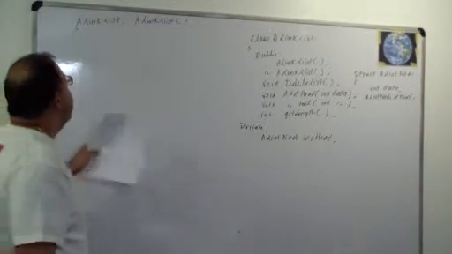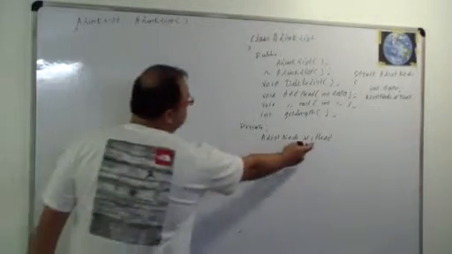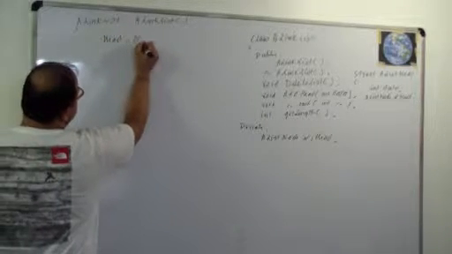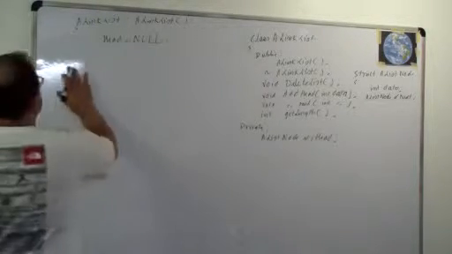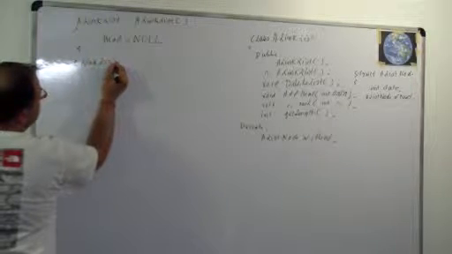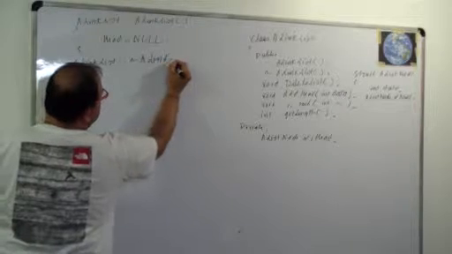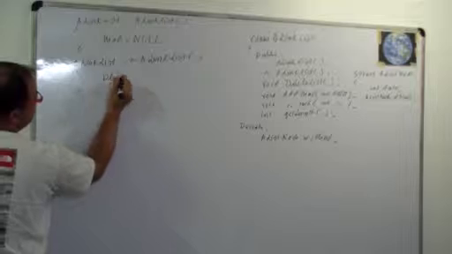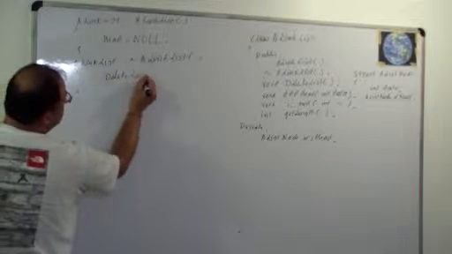No problem. Okay. So in the linked list constructor, all we need to do is initialize the head to null, and we'll say head is equal to null. Right? That's all we need to do. For the destructor, LinkedList colon colon tilde LinkedList, we will call a function called delete list.